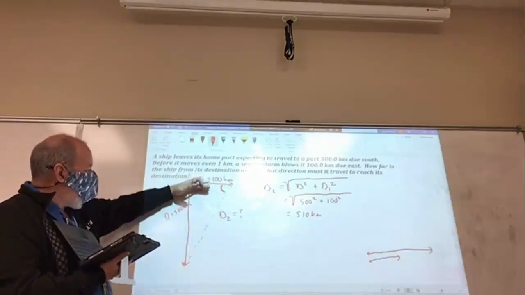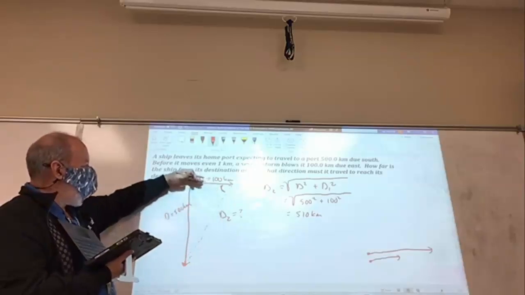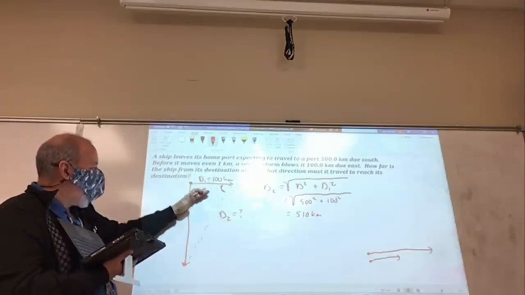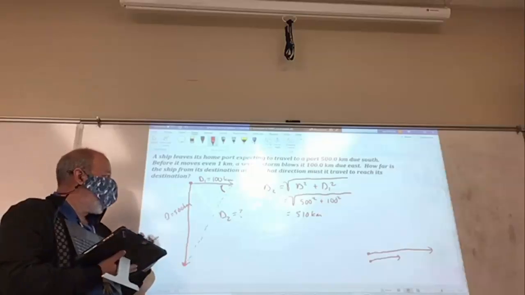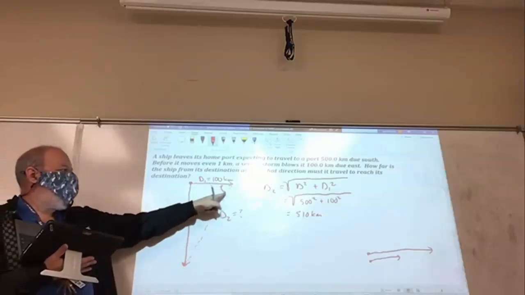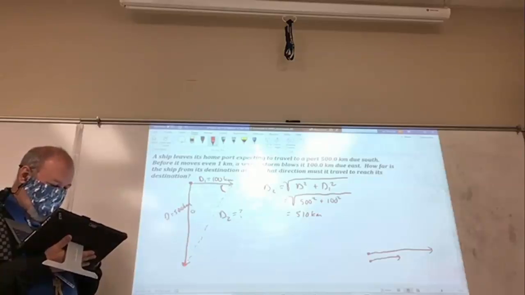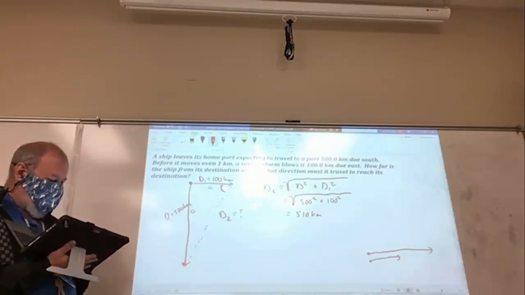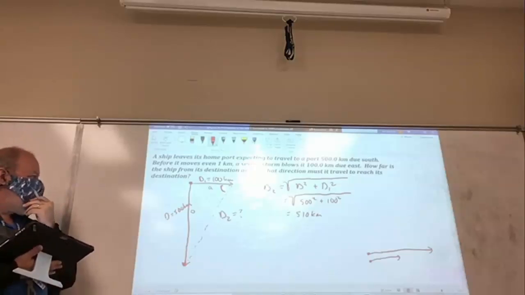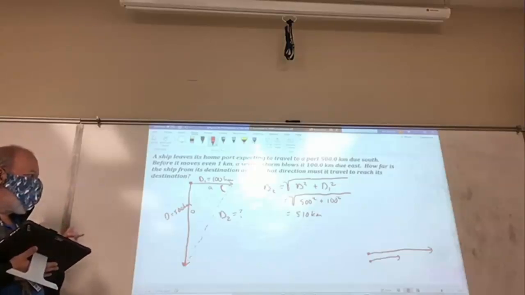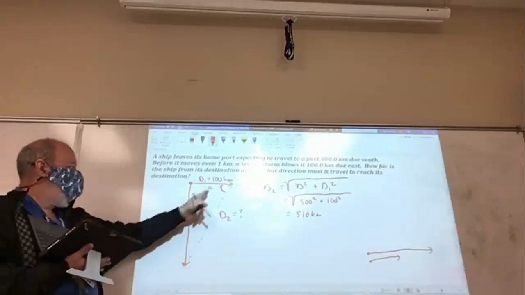How far south of west do I have to go? And if I use this as my reference angle here, this is going to be the opposite side, and this is going to be the adjacent side. So once again, I can use my inverse tangent to figure this out.